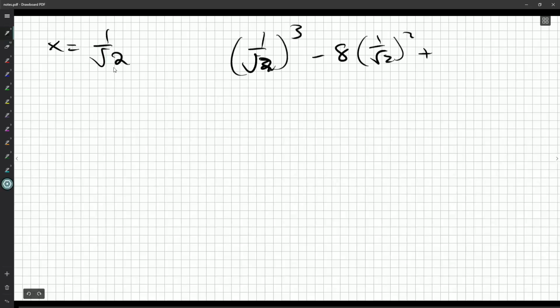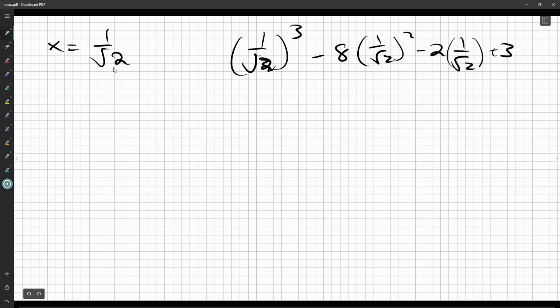So we could say something like try x equals 1 over root 2. Oops, wrote 1 over root 3. 1 over root 2, and then you'd have 1 over root 2 cubed minus 8 times 1 over root 2 squared minus 2 times 1 over root 2 plus 3.